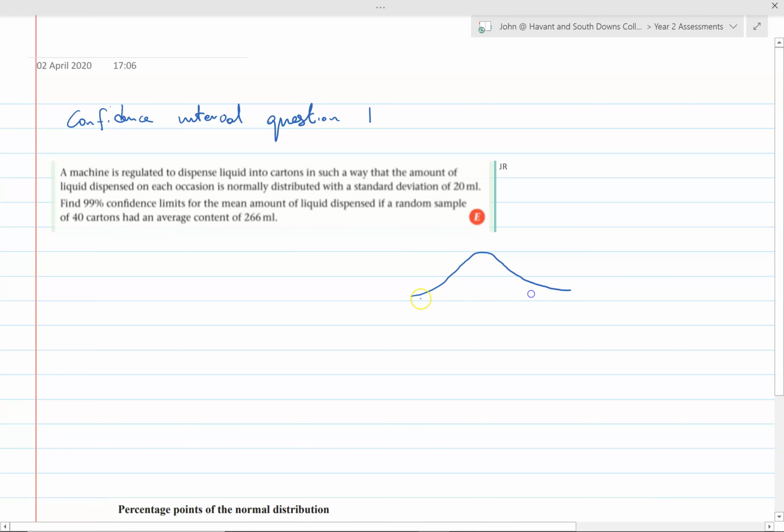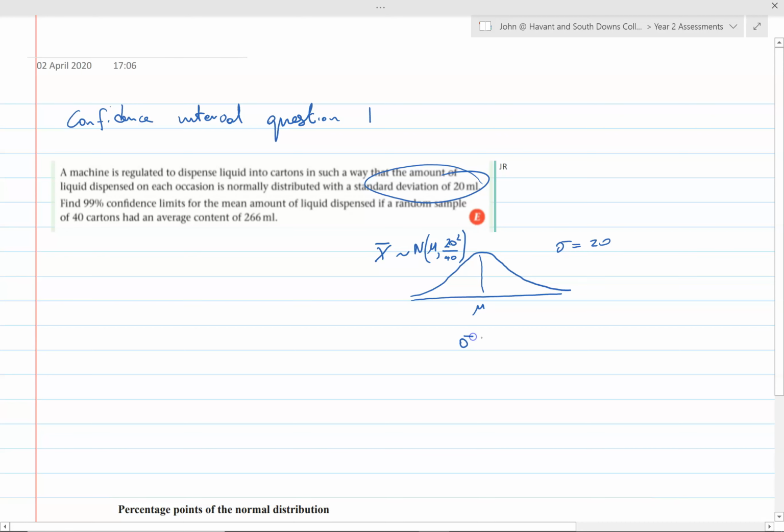The key here is that the mean is unknown, so we have an unknown mean mu. We have a known standard deviation of 20 of the original distribution, but let's think about the sampling distribution. The sampling distribution will be normally distributed with mean unknown, but with standard deviation 20, so variance 20 squared divided by 40.